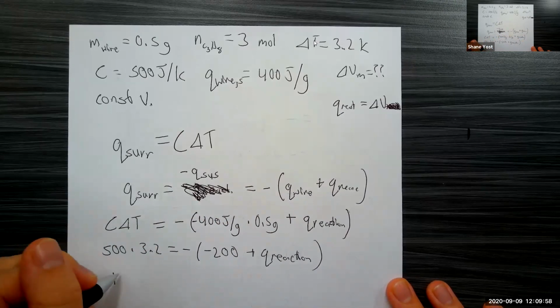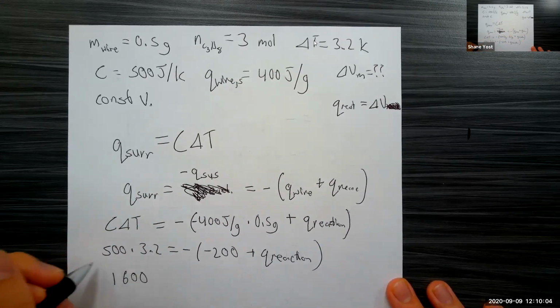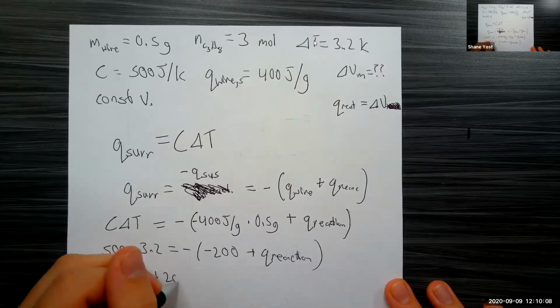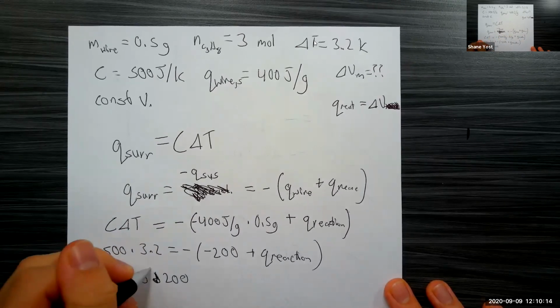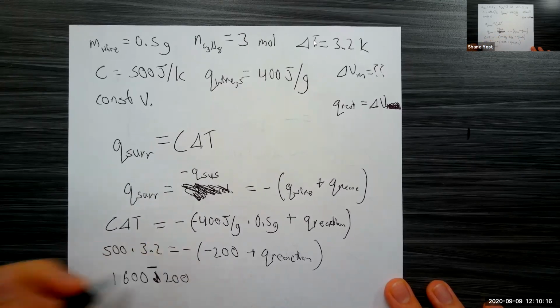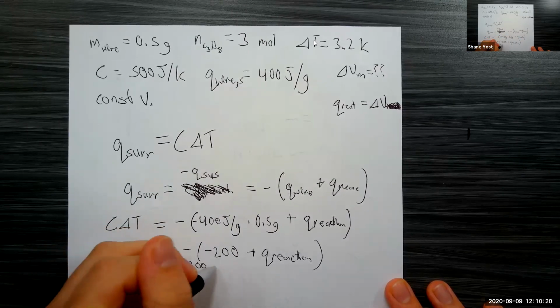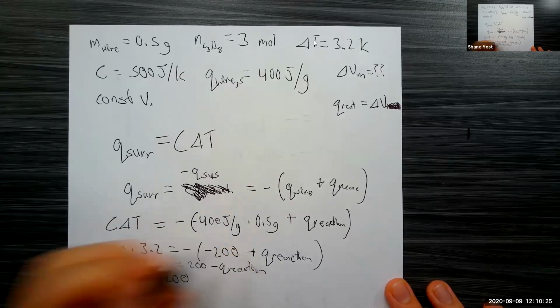What's that? 1600. And then that's going to be plus 200, because there's a negative and that negative. Oh, and then subtract it over. Sorry. Yep, thank you. Minus 200. So this right side simplifies to 200 minus Q reaction.